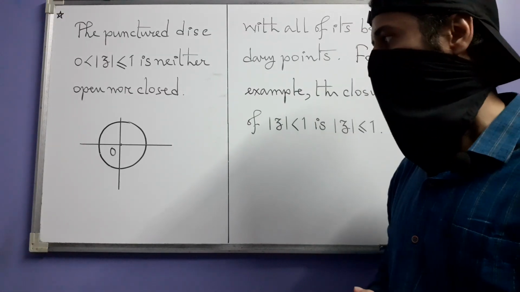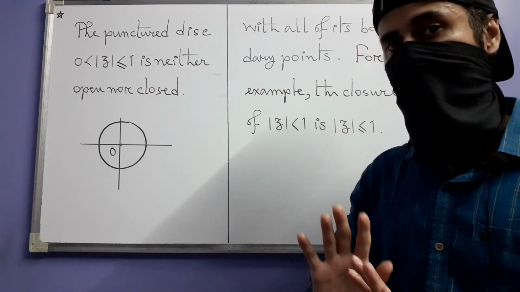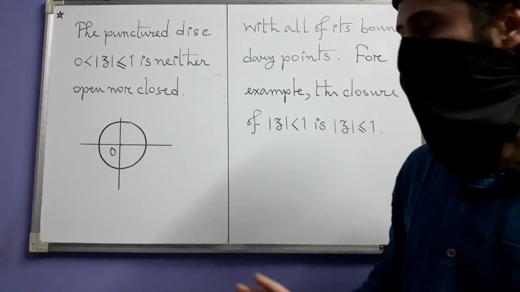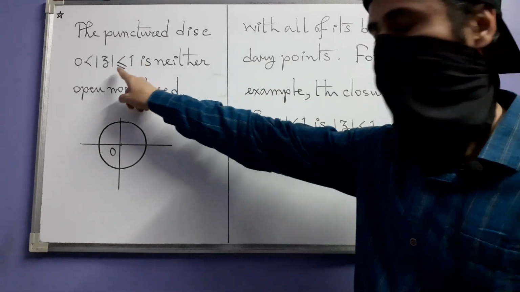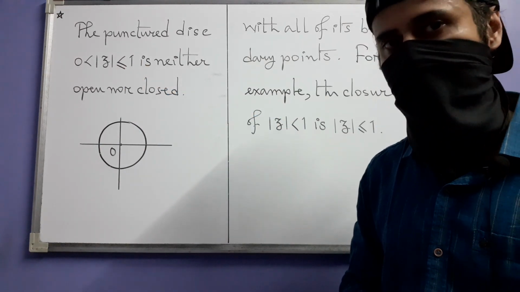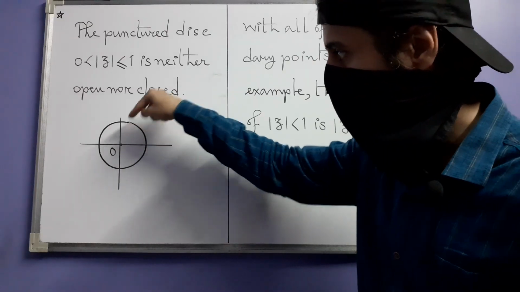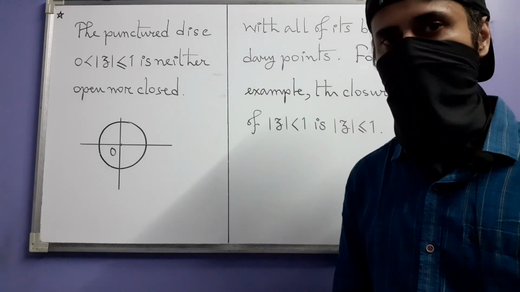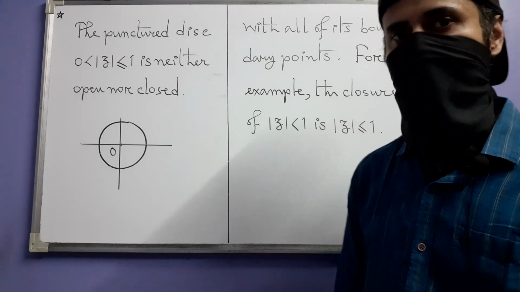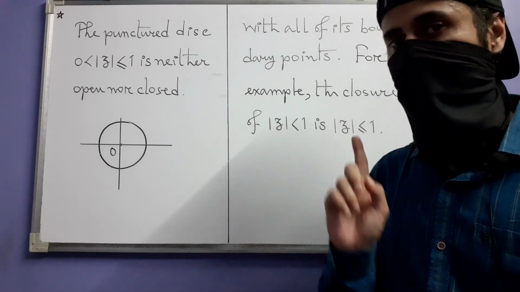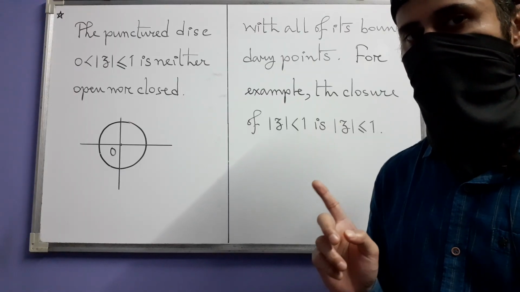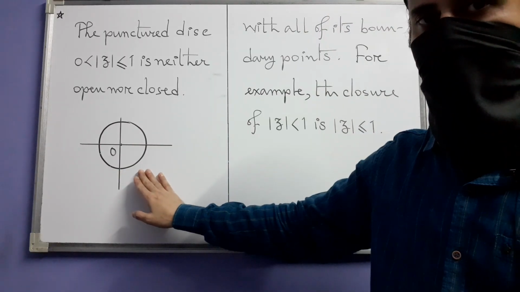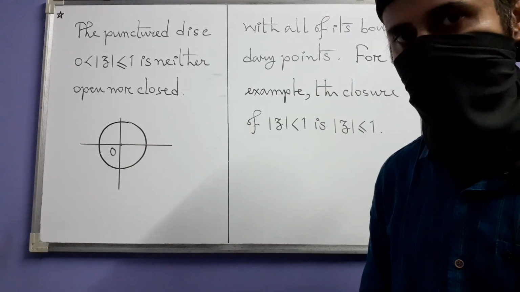So that is why this is not an exterior point either. It's neither an interior point nor an exterior point. So it's a boundary point, but it's not included inside the set. So the set fails to contain this boundary point, and that's why it's not closed. But the set is not open either because it contains some of its boundary points. In fact, most of them are inside the set, which are the points on this circle. So that's why it's neither open nor closed.